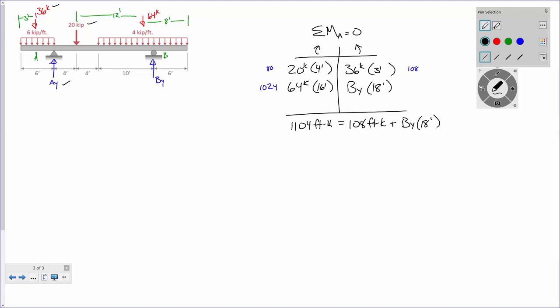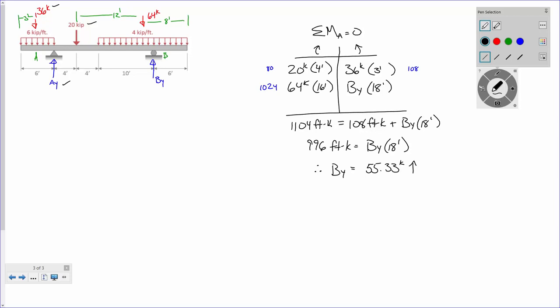So subtract that out, 1104 minus 108 is 996 foot kips, which equals BY times 18. So BY, we'll do 2 decimal places, is 55.33 kips. That answer came out positive, so that means it is acting in the upward direction.